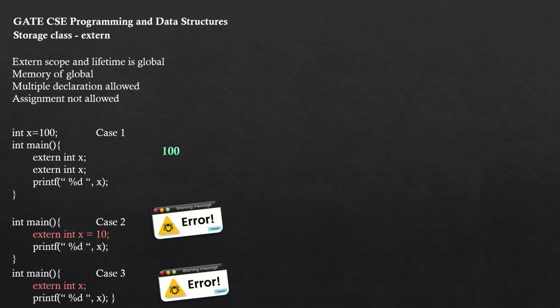So the scope and lifetime of extern is global. Multiple declarations are allowed, so this is correct. Since it's referring to the global value, that is why we're getting the output as 100.